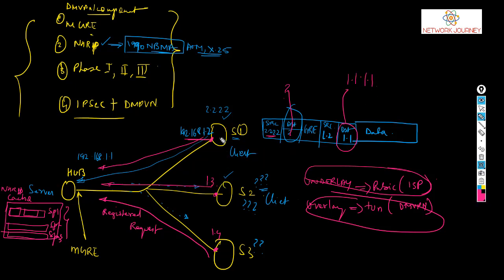So let's say 1.1.1.1 is associated with 1.2. And that is how the hub gets to know from its NHRP cache table that the traffic is meant for this one, not this one. So this is how the traffic flow happens in the case of DMVPN, and that's how NHRP is going to help.